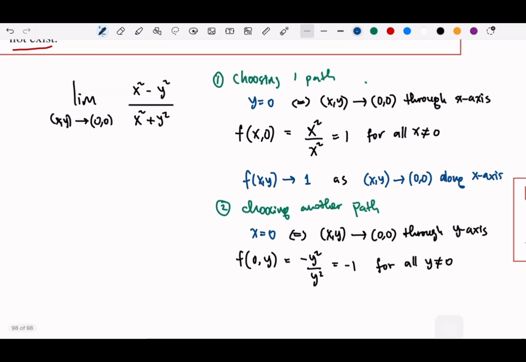So f(x, y) will be closer to -1 as we approach the point through the second path, which is the y-axis. Now, from these two different values, we can make a short conclusion that the limit is non-existent.